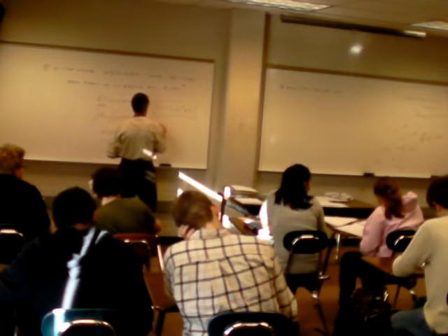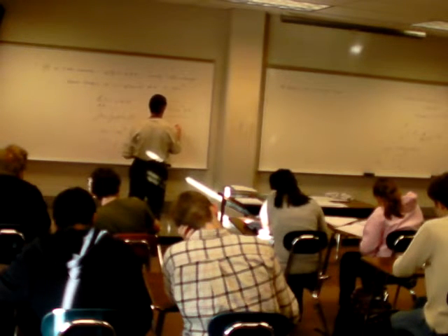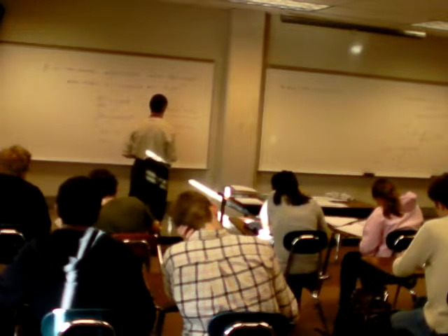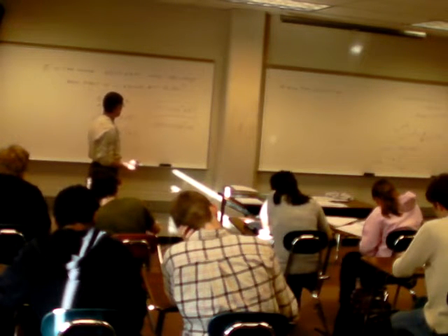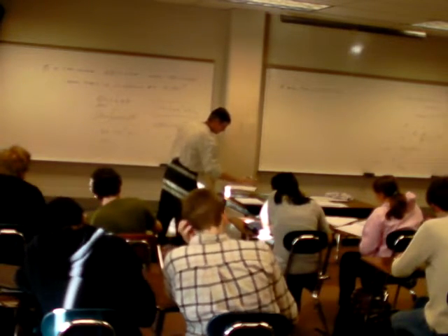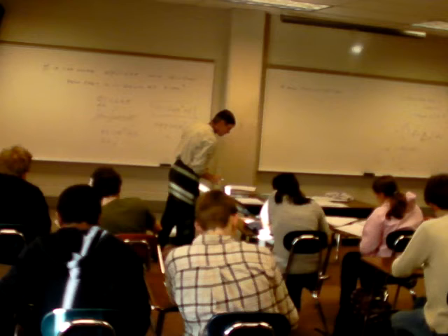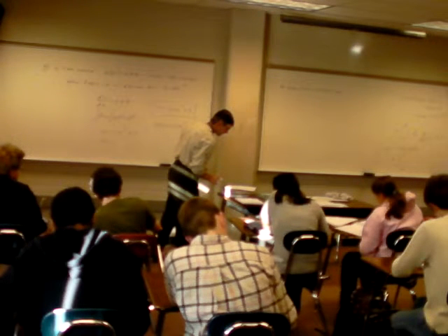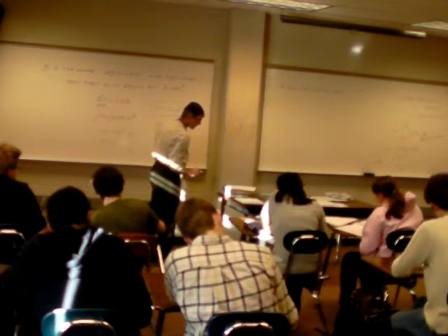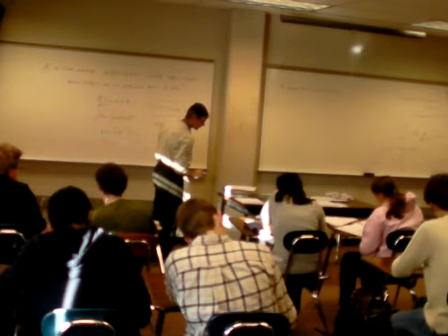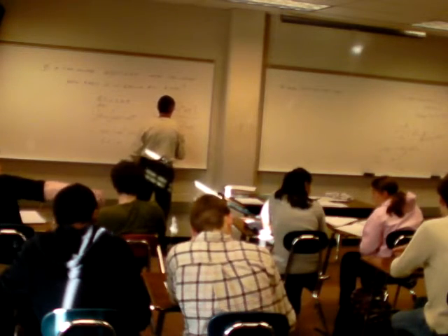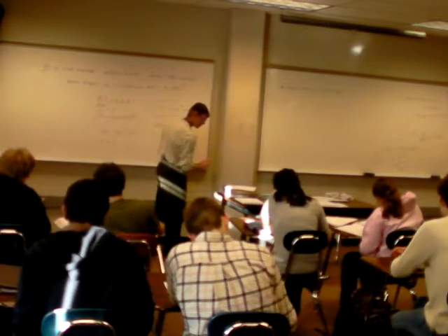So the velocity for 8 seconds is 1.2 times 8 squared plus 5. And then we get 81 point.